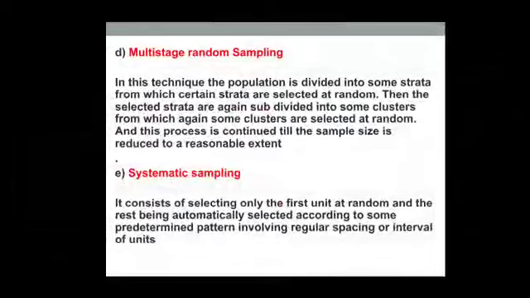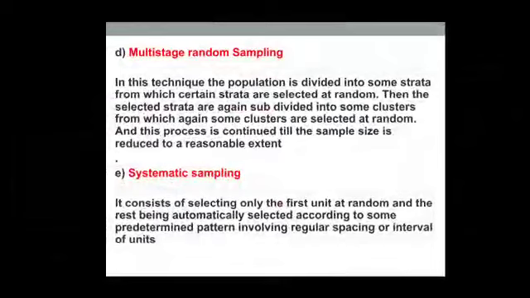Then random sampling method: simple random units are selected by using simple random techniques from each group. And systematic sampling: here the first unit of the population is selected at random, and the other units are automatically selected according to some predetermined pattern involving equal spacing or interval of units.